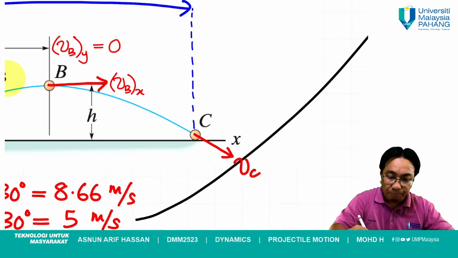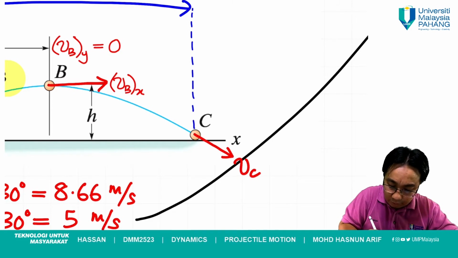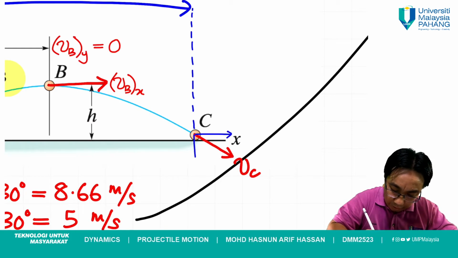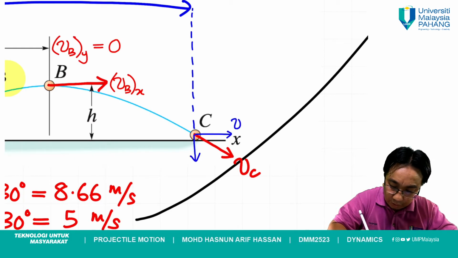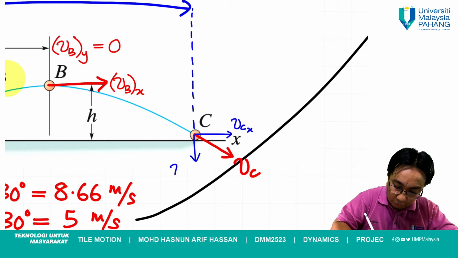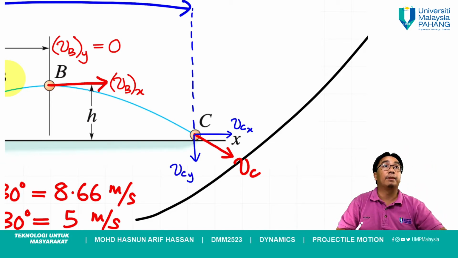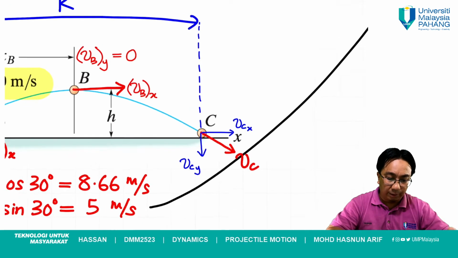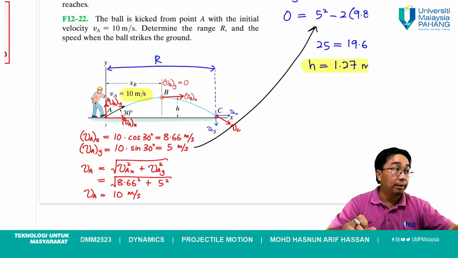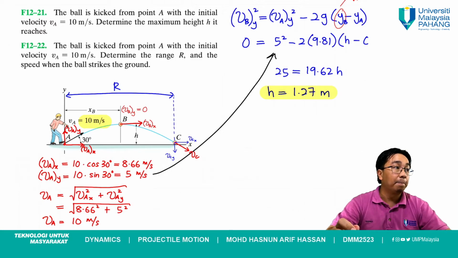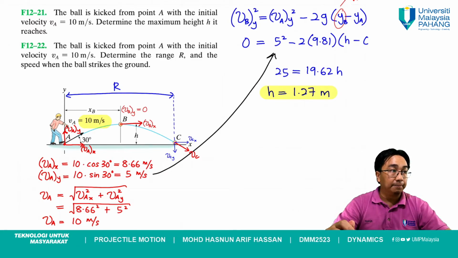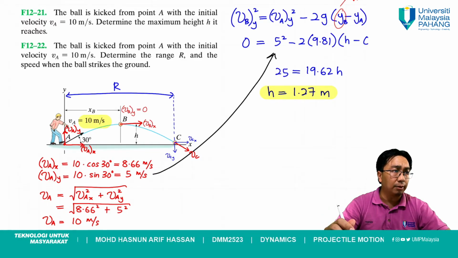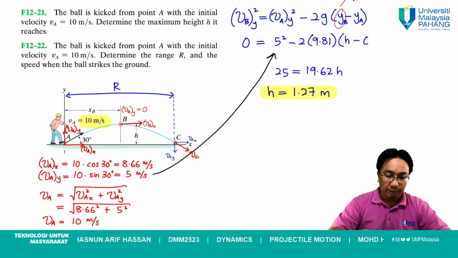And then there will be VCX ke sini dan VCY ke bawah lah. This will be VCX dan this will be VCY. Okay. Alright, so ini yang kita nak calculate. So basically kita akan start dengan calculate the range R dulu. Okay. Macam mana kita nak mula ni?